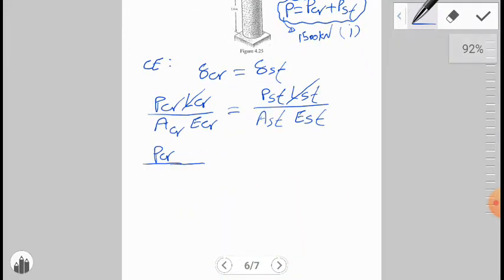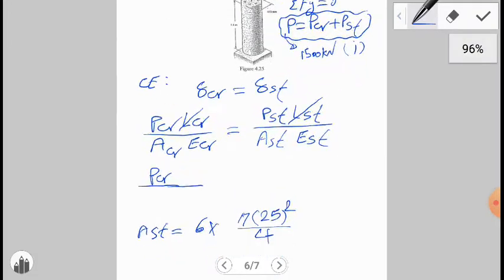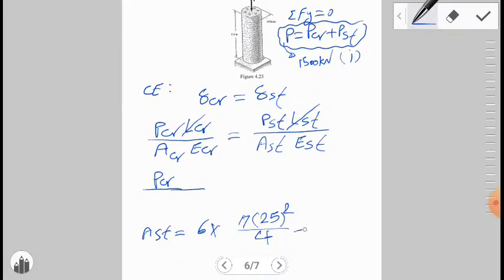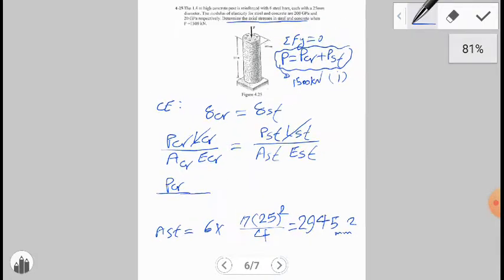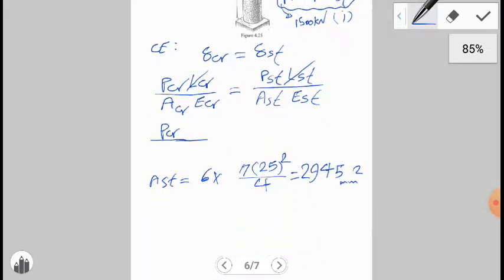That's why we can calculate here A steel. A steel is equal to 6 times pi d squared divided by 4. And the area of the steel is equal to 2945 millimeter squared. For A concrete, we can say this circle minus the steel area.